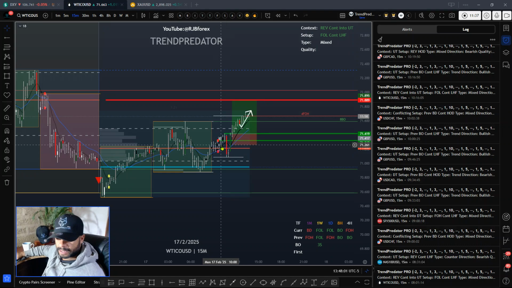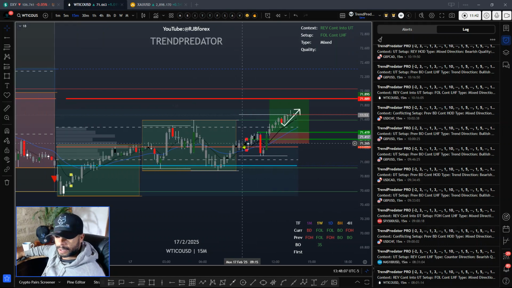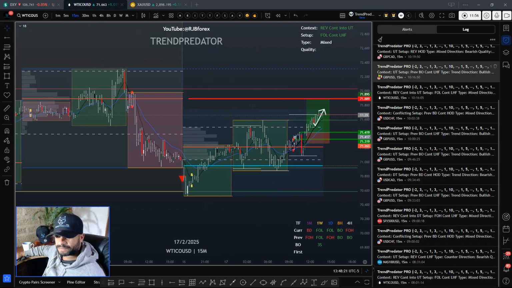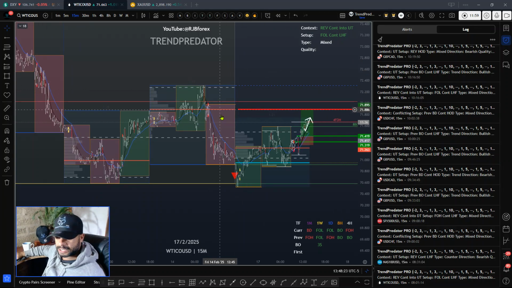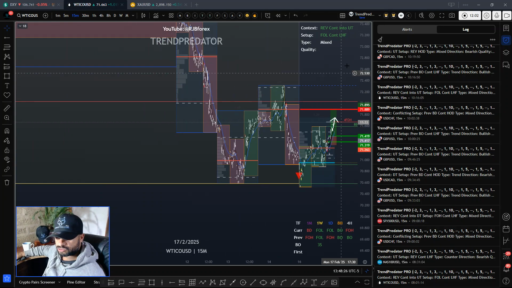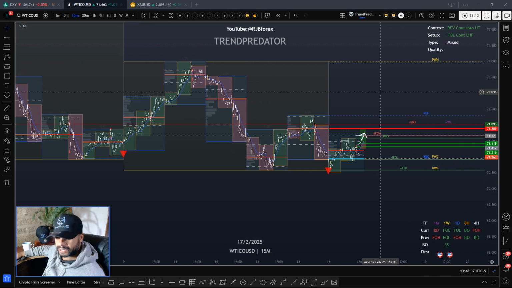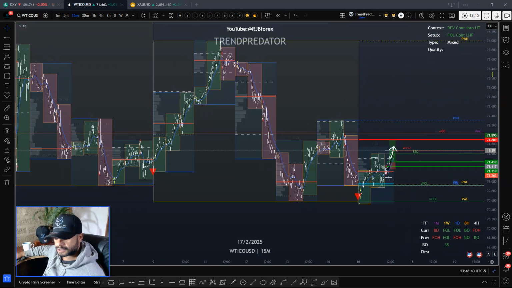Mine's from 10 a.m., as I would advocate for anyone trading New York, to let the Wall Street box play out, the traps set, and then let the market show you its hand in what it intends to do for the rest of the day, as per the TrendPredator indicator. But then it's down to you to identify the best engineered chart so that you're trading with enough flow and momentum, as per the typical formations that appear week in, week out across the days of the week.